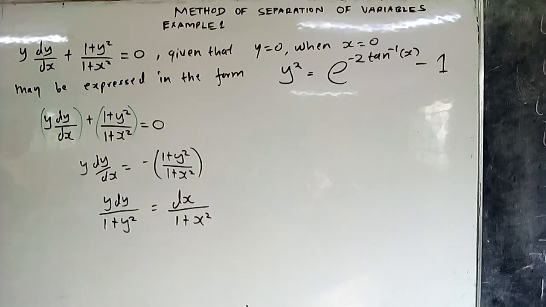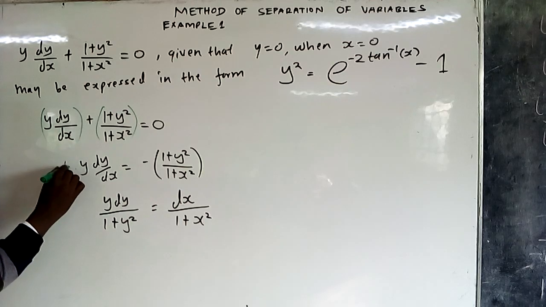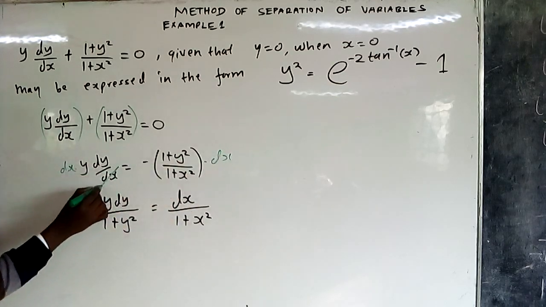What we've done here is very simple. We've simply multiplied both sides by dx to get rid of dx there.